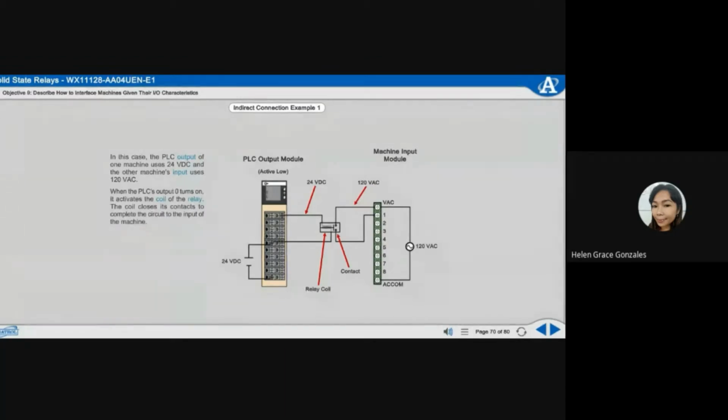When the PLC's output 0 turns on, it activates the coil of the relay. The coil closes its contacts to complete the circuit to the input of the machine. Because the coil and contacts of the relay are physically isolated, the incompatible voltages never connect.